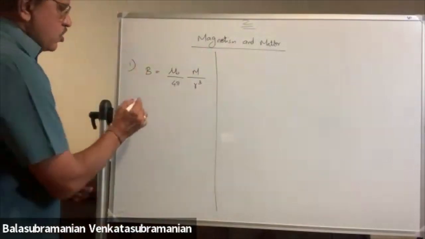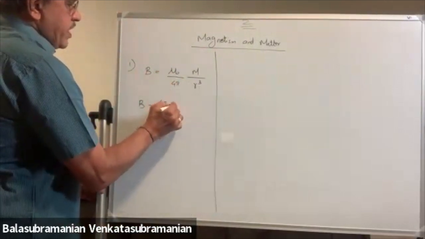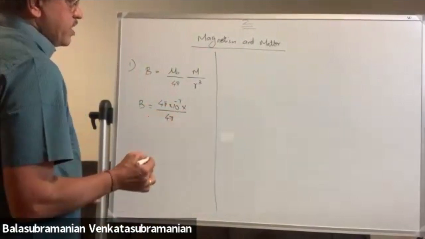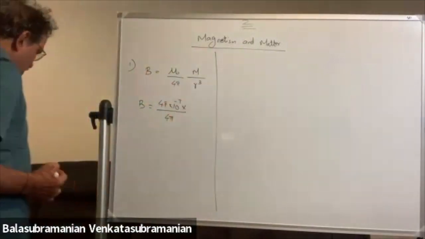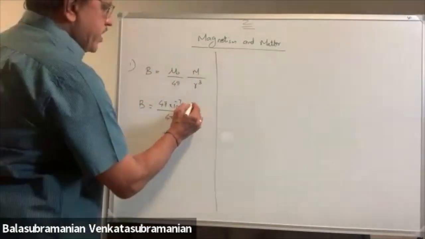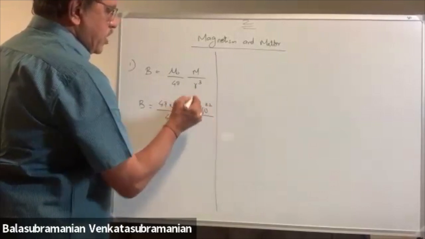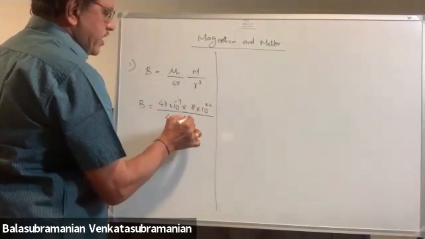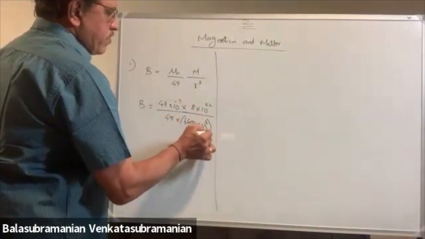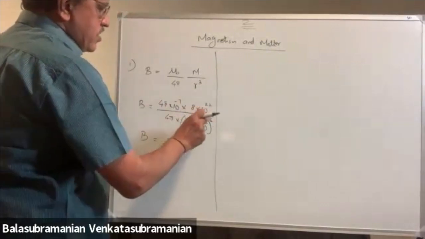Okay. So B is equal to mu naught, that is 4 pi into 10 power minus 7, by 4 pi, into what is the magnetic moment? 8 into 10 power 22, by r cube, that is nothing but the radius of the earth, 6,400 kilometer. 4 pi cancels.